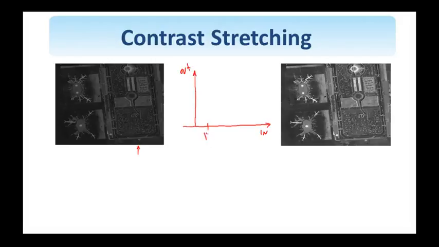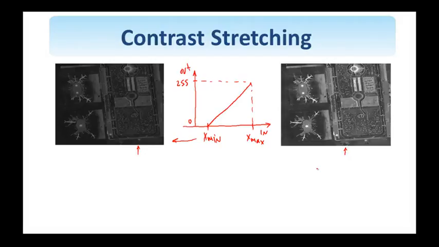We found the minimum and maximum values of this image on the left, and then we mapped them from 0 to 255 in the output image. So the transformation we apply, the linear transformation, is given by this curve, and this again is the output image.